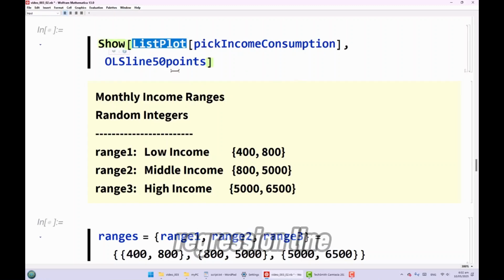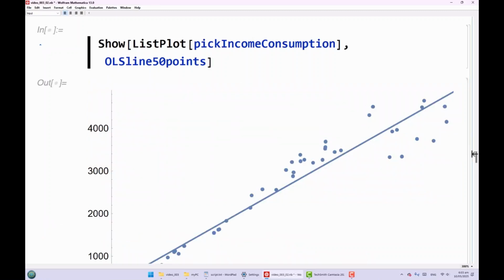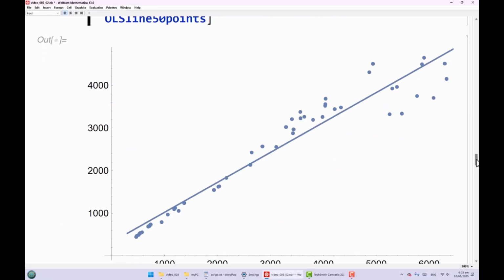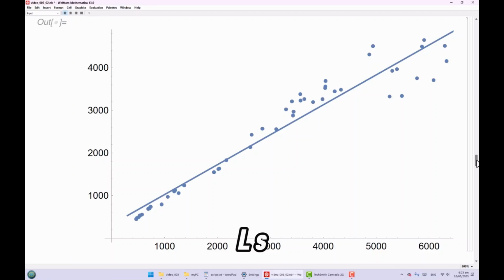Show scatter and the regression line together. The OLS. Best fit.